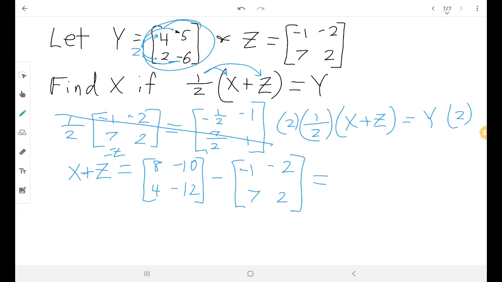Well, subtracting means adding the negative, so let me distribute a negative, that is, change the signs in z for everything, so I'll make this plus, and I'll change all the signs. +1, +2, -7, -2. And then I can just add things together and get a new matrix, and that matrix will be X.